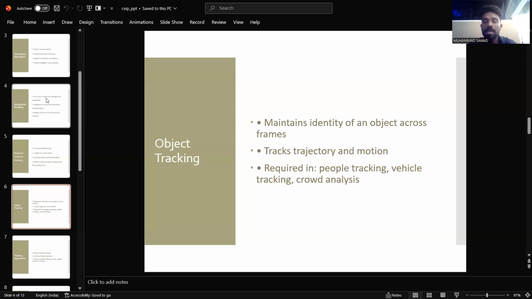Object tracking maintains the identity of each object across frames and helps analyze motion patterns. This is crucial for applications like pedestrian tracking, vehicle tracking, or crowd behavior analysis. So it is mainly used to track the objects in each frame, and it gives the output as the object in each frame.